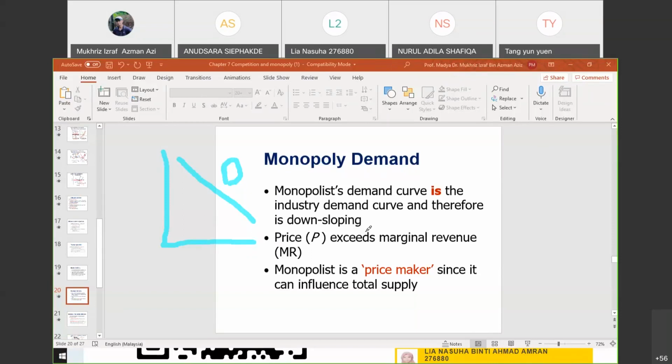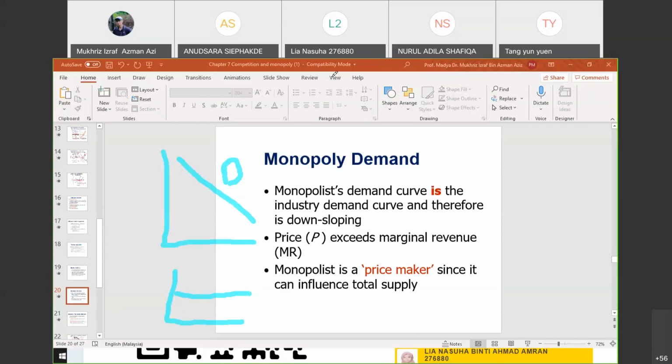So the demand curve for the monopoly will be downward sloping, just like the market demand curve. Just now I mentioned that for a perfect competition market, the demand curve for the market will still be downward sloping, but the individual demand curve for a firm in perfect competition will be perfectly horizontal or perfectly elastic.